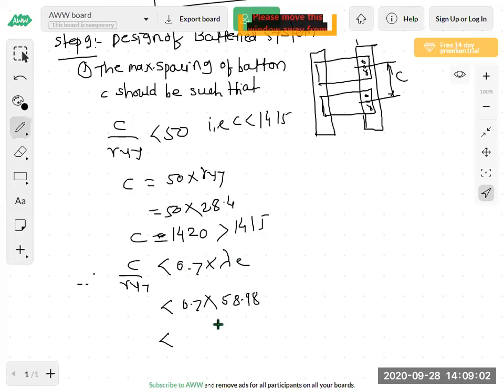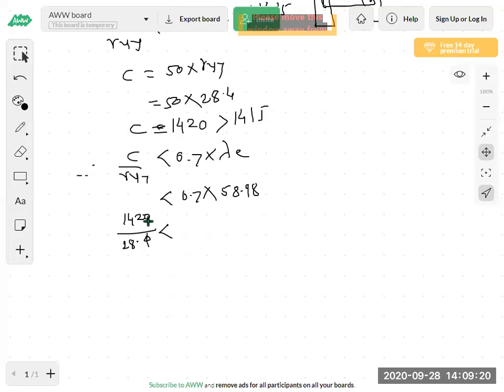Correct? This is the second condition. So C is equal to 0.7 into 58.98 into 28.4.